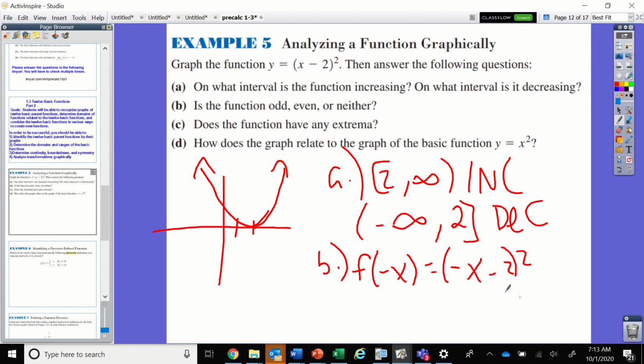At this point, you can clearly see that just replacing that x is not going to give me exactly what it started off with. It's not going to give me anything the same because we didn't make a change in the negative 2, and then we didn't actually get a negative x. If you wanted, you could expand and FOIL all this out for both of them.